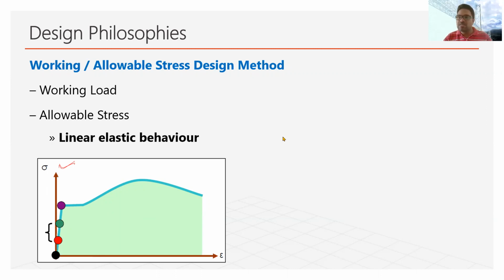So when we apply load on the material, it will first go into the elastic range, and when we increase the load, it may go into the plastic stage, which means it may get deformed permanently with the load.